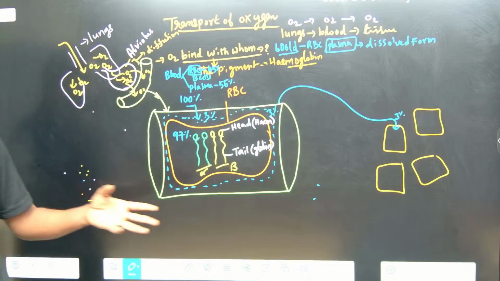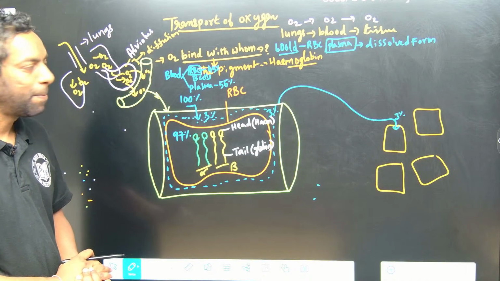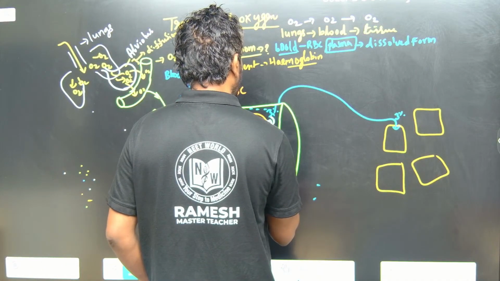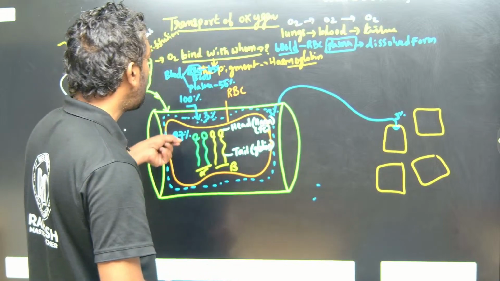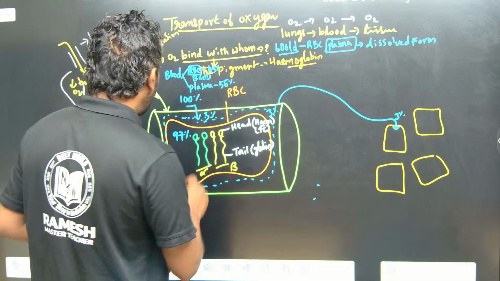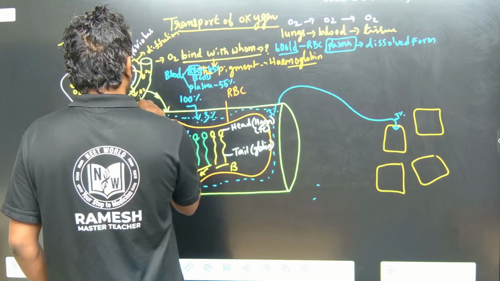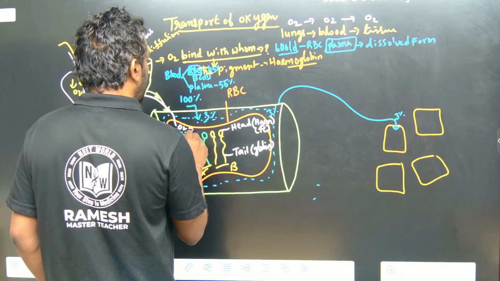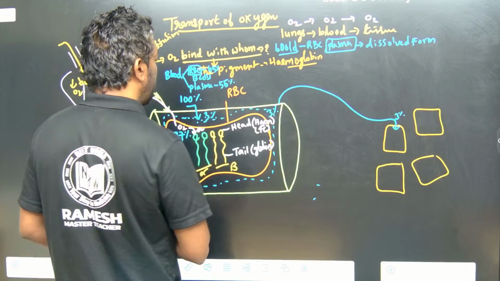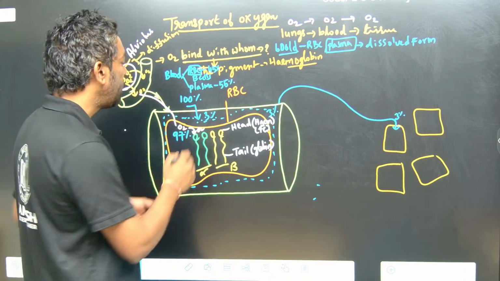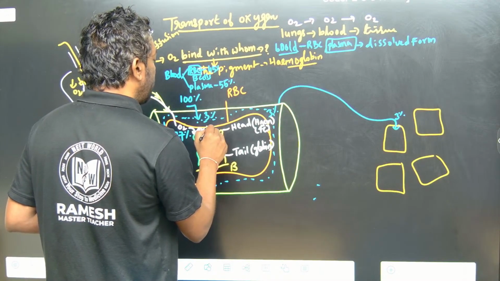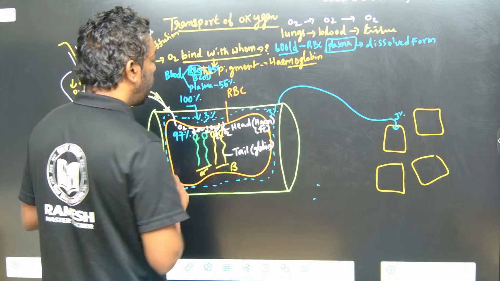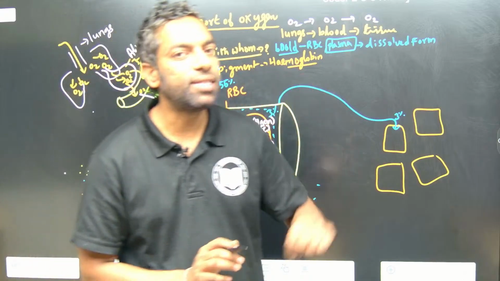Who can carry oxygen, the head part or the tail part? Heme means iron content. Oxygen is carried through the head part, where oxygen enters and attaches primarily. Each chain can bind one oxygen. Four chains, two alpha and two beta, can carry 4 oxygen molecules.